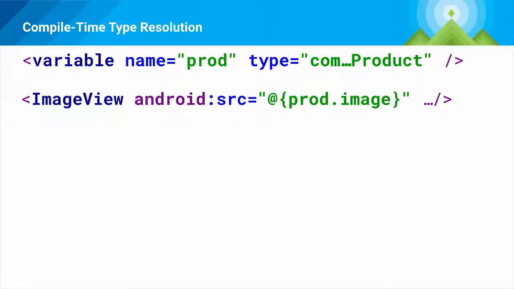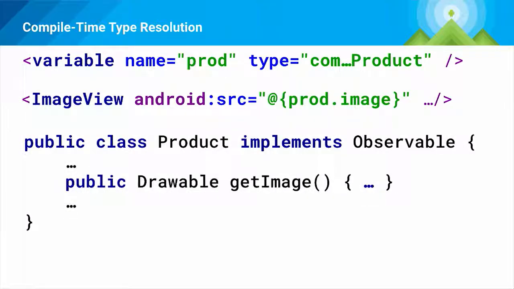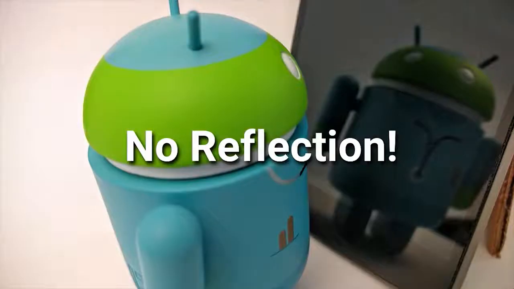We look for these things and find a drawable-returning getImage method. Then we check: I have a drawable, there's a source attribute, can I set this drawable to this source attribute? And then we call setSource there. The cool part is we don't need any reflection to do any of these things because we do it at compile time. So at runtime it is equal to the code that you would write yourself.